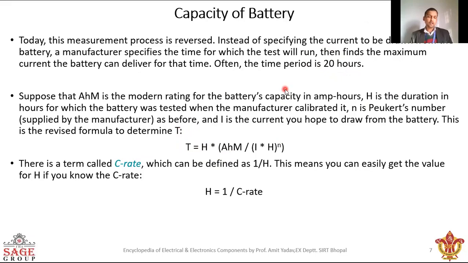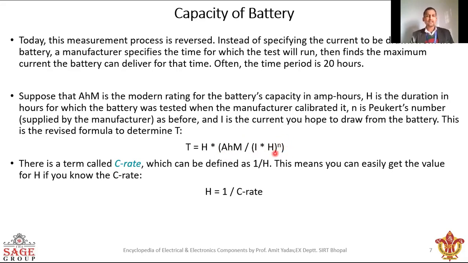H denotes the time period for which you are going to test your battery. Here AHM is the modern battery output, I is the current which we are going to draw from that battery, and n is the Peukert number.